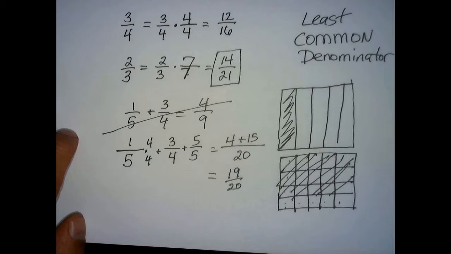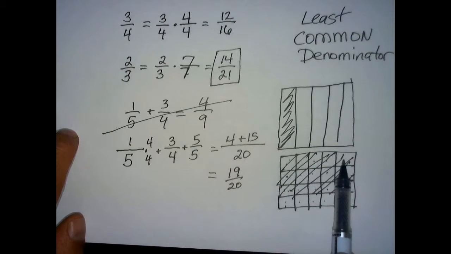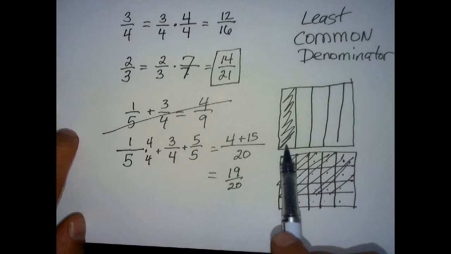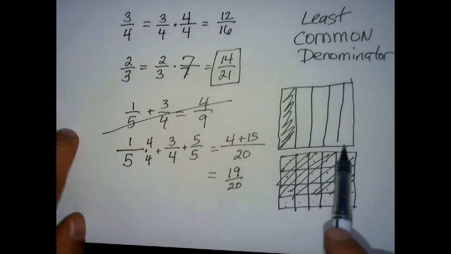Now, where do we get 19 over 20 out of this picture? Okay, this is 3 times 4, which is 1, 2, 3, 4, 5, 6, 7, 8, 9, 10, 11, 12, 13, 14, 15. And this is 4 over 20, which is 1/5.